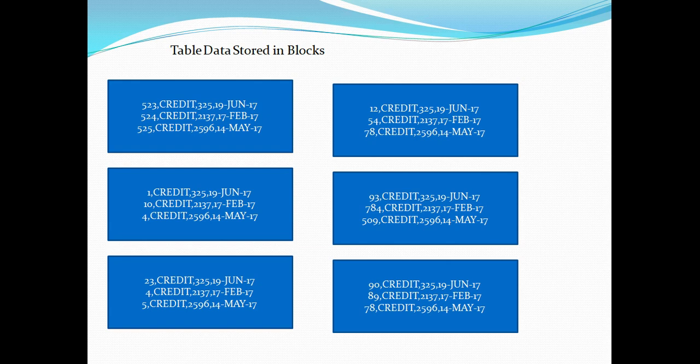Now let's go ahead and understand our main concept, single block IO versus multiple block IO. So we will understand with the help of an example. Suppose I want to retrieve the details of a transaction with transaction ID 1. So how will it happen? It will happen with the help of the index.